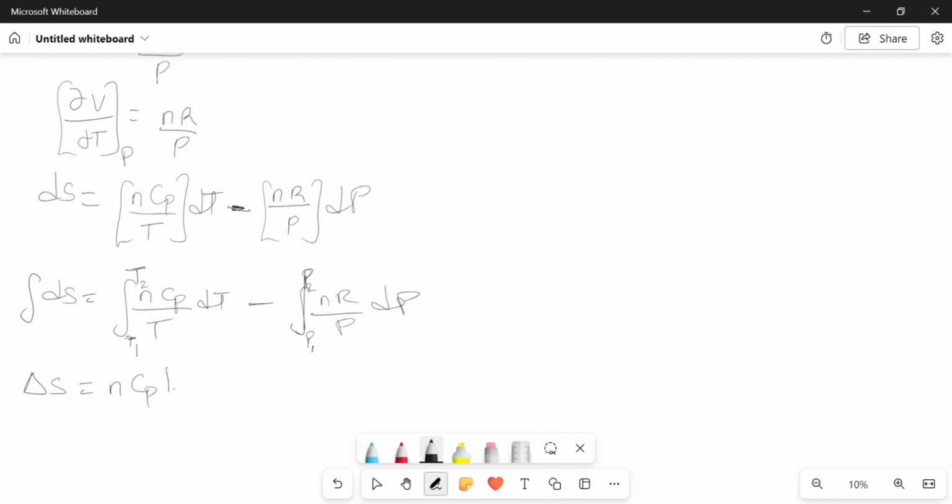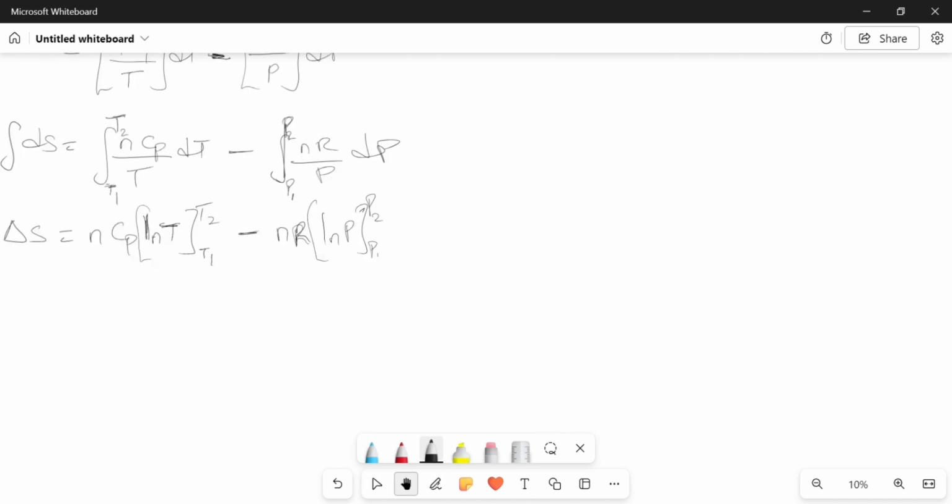So we have ln T from T1 to T2, minus, nR comes out since they are constant, then ln P from P1 to P2.